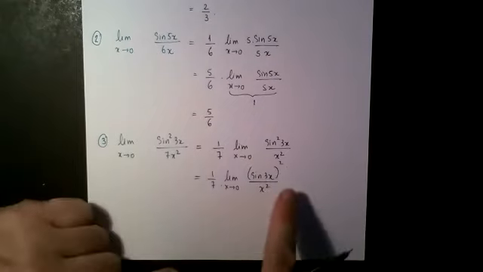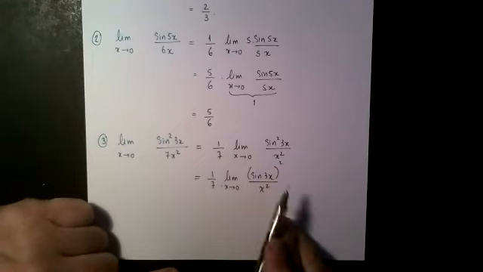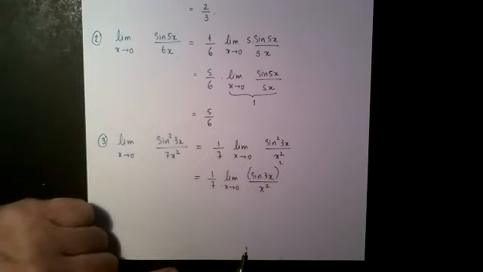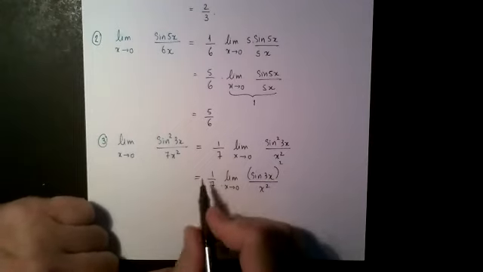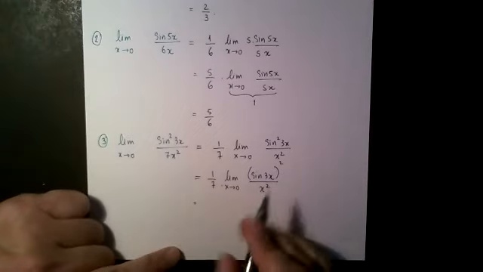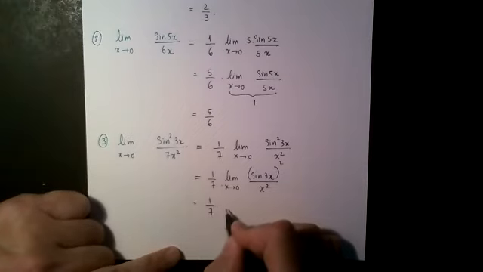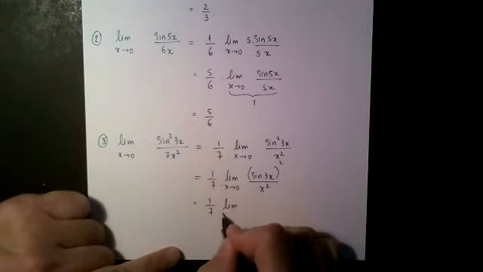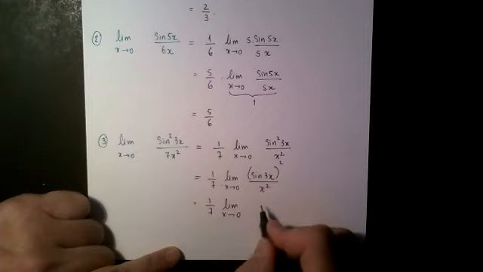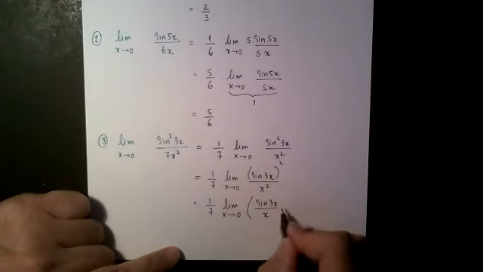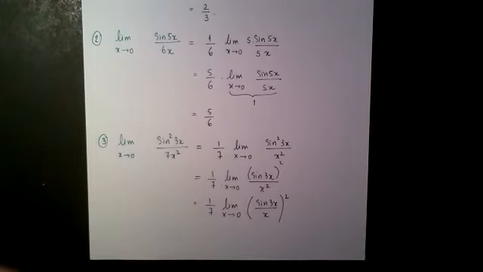I just rewrote it so that you could see it clearly. I put the power 2 here. Equals 1 over 7, limit as x approaches 0, and then I could put everything to the power of 2. So sine x over x, all of this to the power 2.